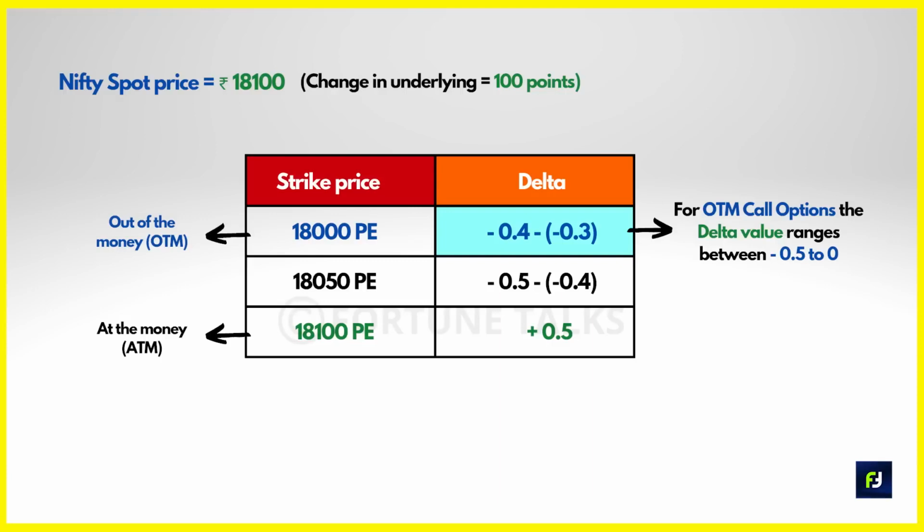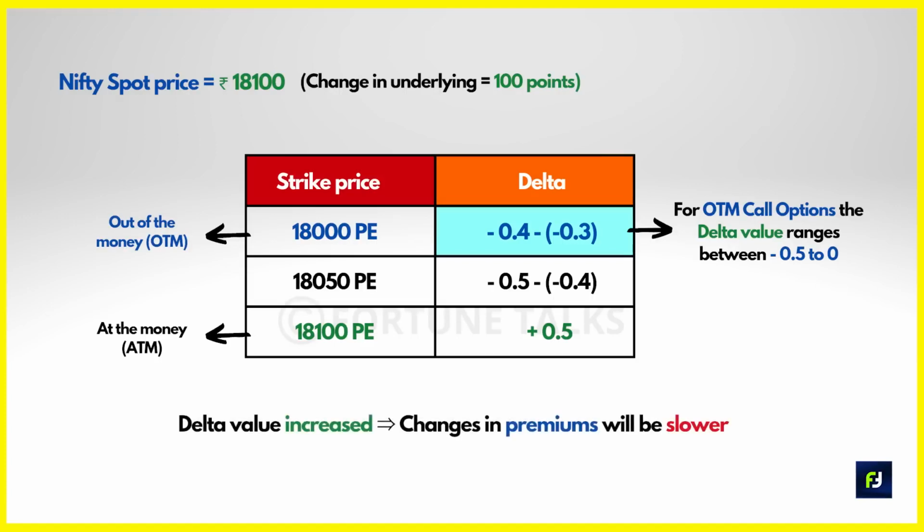Since the delta range of out of the money options is between 0 and minus 0.5, in this scenario, the delta will vary between minus 0.3 or minus 0.4, which will in turn mean that the speed of the strike price premium changes will be slower than before.